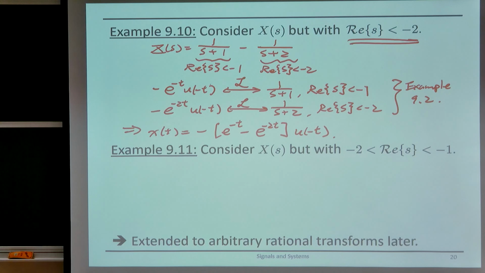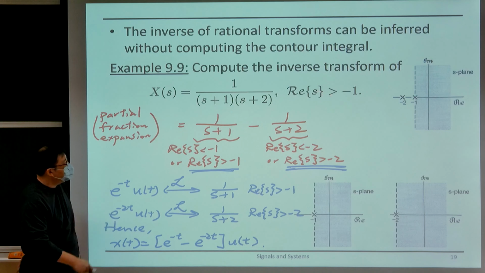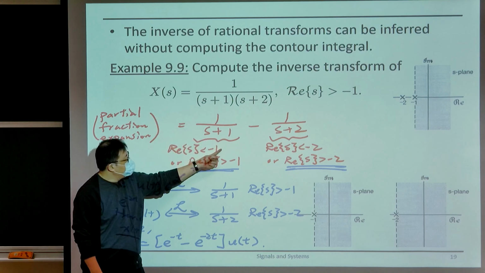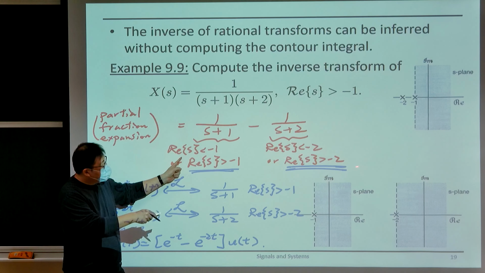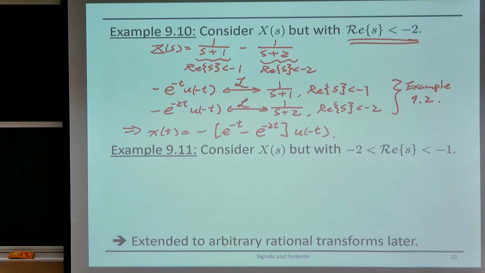Now you can do the same for this example here. Now if the region of convergence of x is between minus 2 and minus 1, then you should have a region of convergence corresponding to this in the first term and corresponding to this in the second term. So in this case, 1 over s plus 1 minus 1 over s plus 2.